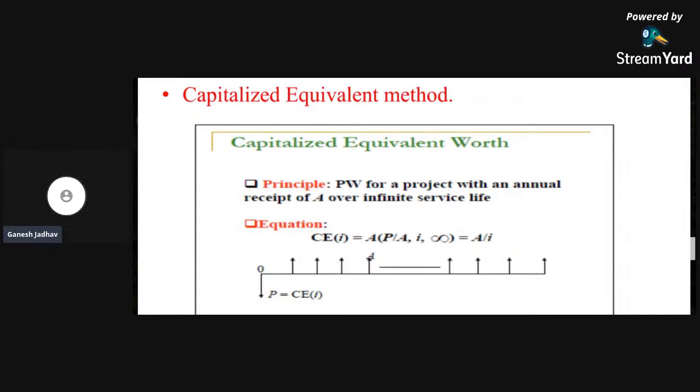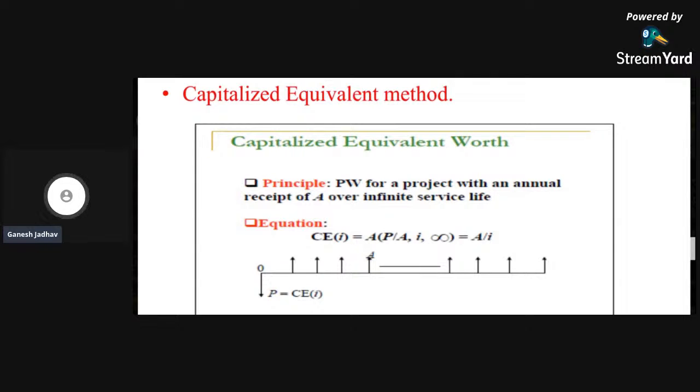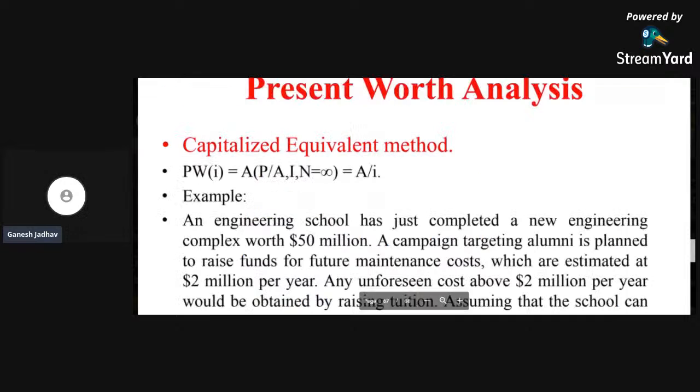Here is the infinity, so you get the capitalized equivalent for an infinite service life. Then this is the actual formula. Here n is not limited, so n is equal to infinity.